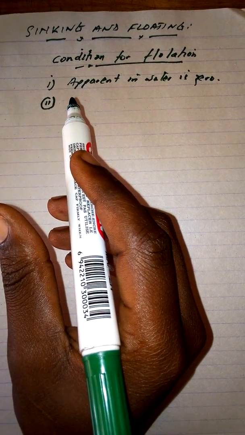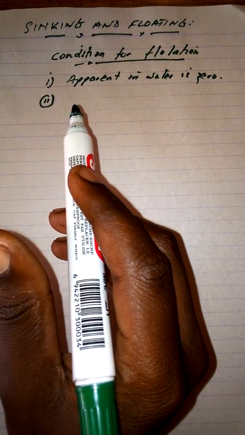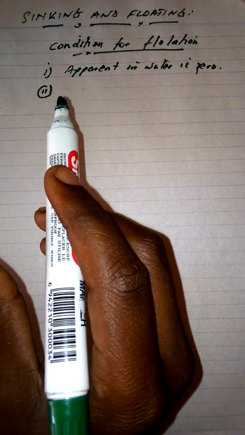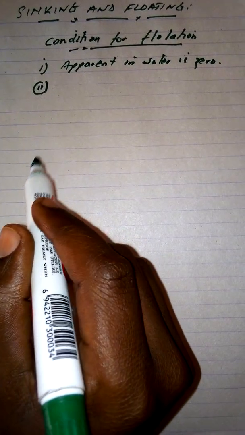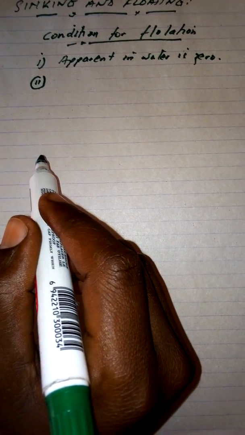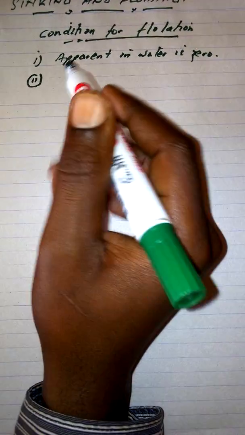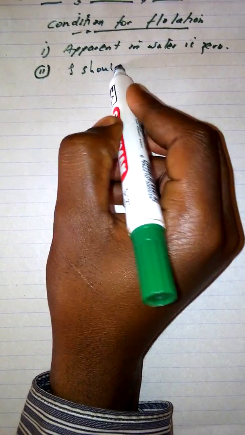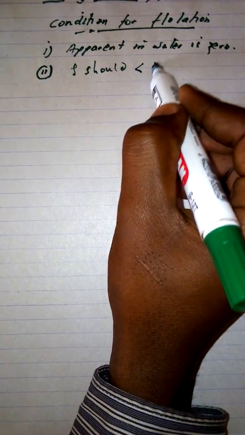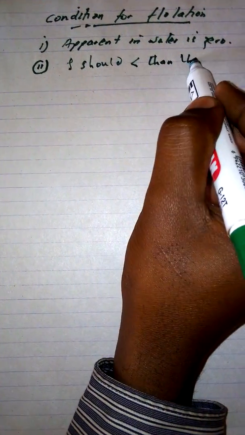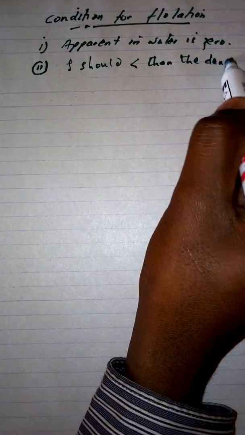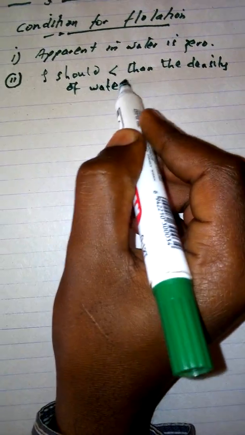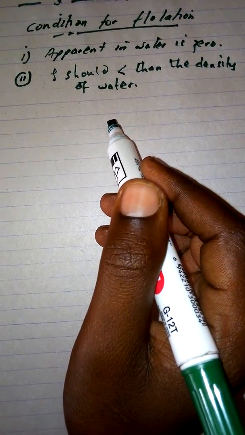If an object's density is less than the density of water, then that object will float. So its density should be less than the density of water. This is also a necessary condition for the body to float.